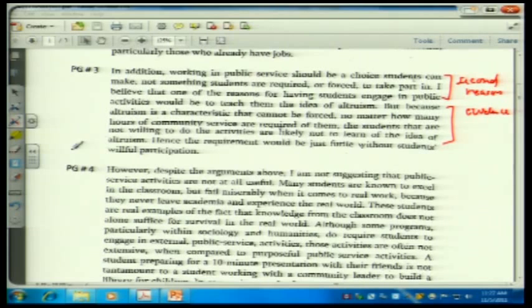Notice that you want to make every paragraph connected, so you want to use transition words like in addition here, to show that this paragraph is connected to the previous paragraph. So you do that with the third one.